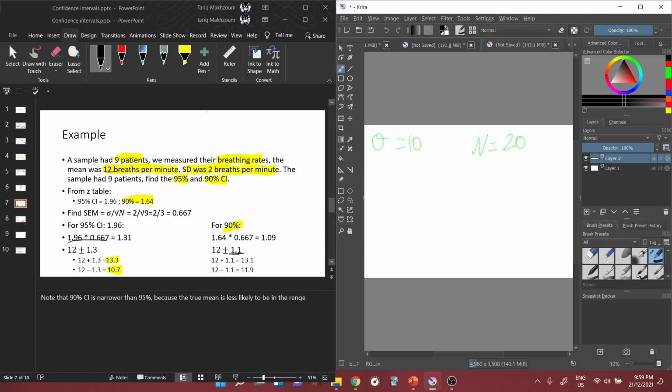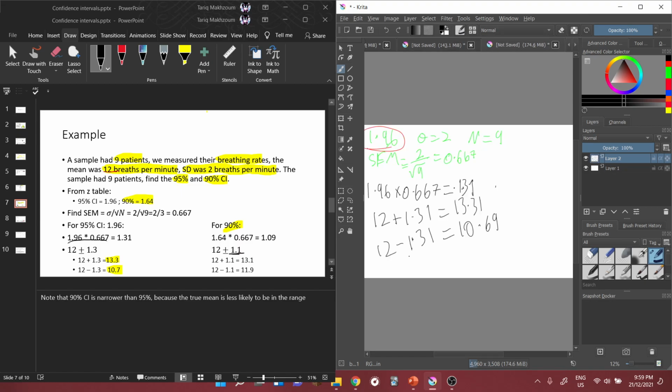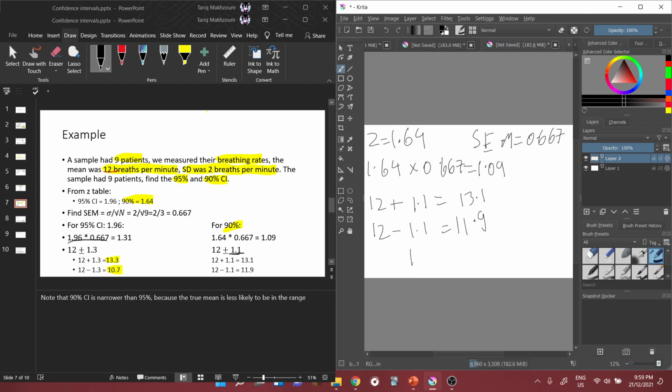So in the first example, our confidence interval is 10.69 to 13.31. And in the second example, it's 11.9 to 13.1.